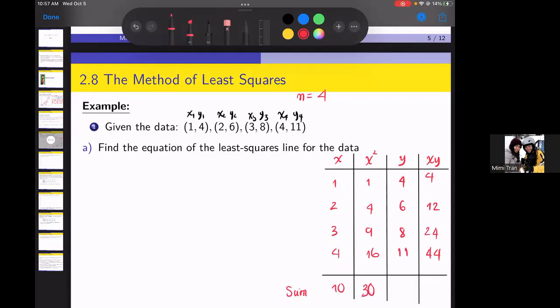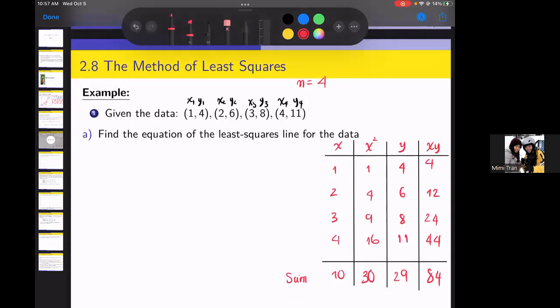Y: 10, 18 plus 11 is 29. And then the xy column: 16 plus 24 is 40 plus 44 is 84. Double check with me.